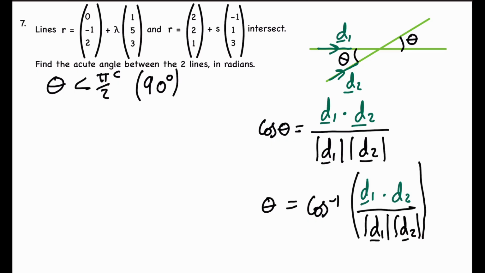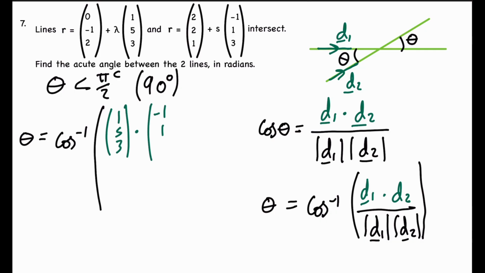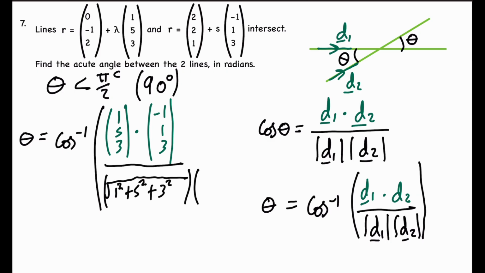And if we just plug in the values, we're going to get theta is equal to the cos inverse of the dot product, which is the direction vectors are (1, 5, 3) dot (-1, 1, 3), over the square root of 1 squared plus 5 squared plus 3 squared, multiplied by the square root of (-1) squared plus 1 squared plus 3 squared.